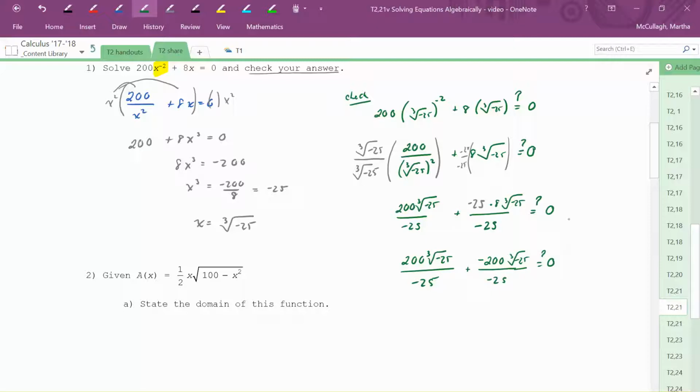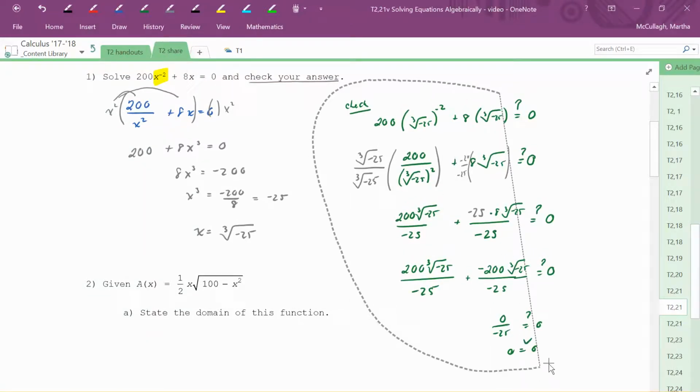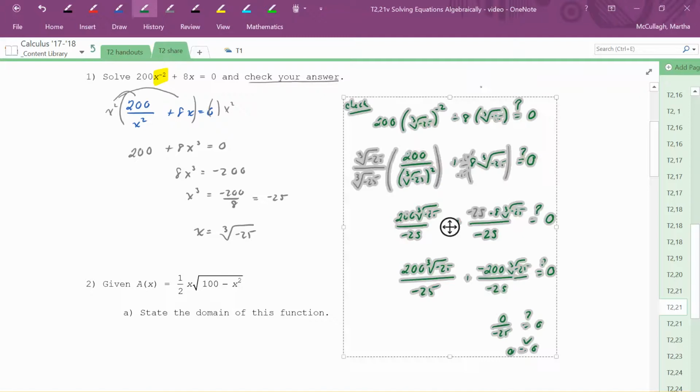Does that equal 0? Sure it does. I've got a positive cube root of negative 25 and a negative 200 cube root of negative 25 gives me 0 over negative 25, which does equal 0. So that check worked. Long problem. Longer check than the problem was, but I wanted to make sure that I had done it right.